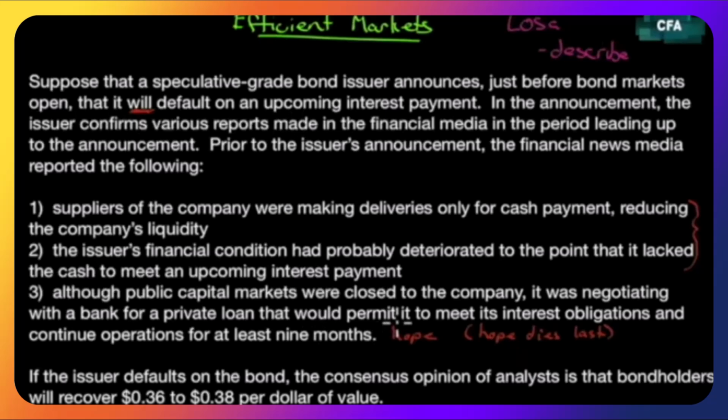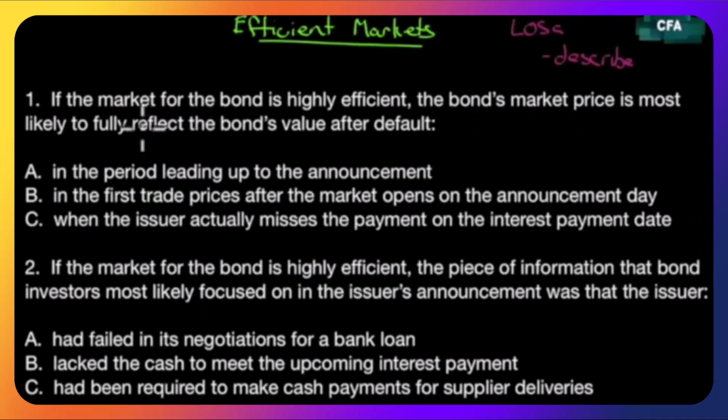All right, so let's look at the type of questions that we would want to answer on this. So question number 1, and this is a type of question you might see on a CFA exam. If the market for the bond is highly efficient, actually, let me backtrack. This is not a type of question you would see on a CFA exam simply because that whole preamble, that long paragraph we read before we got to 1 or 2, you would not see that in a level 1 exam.